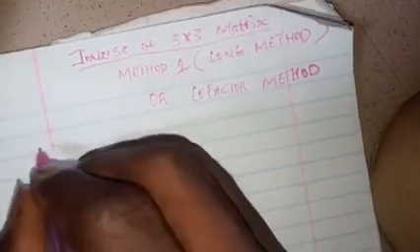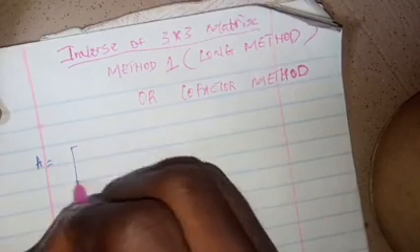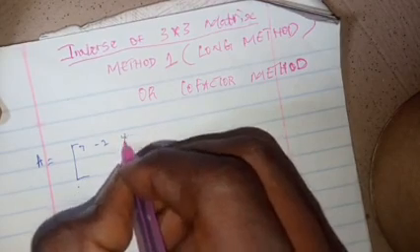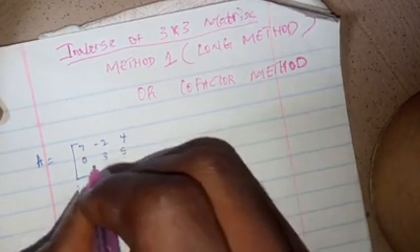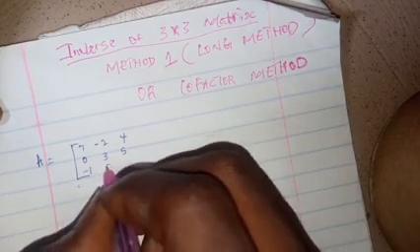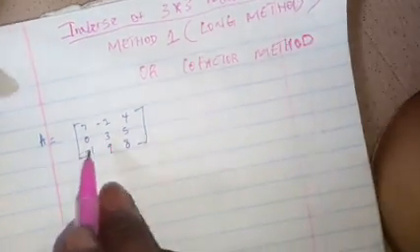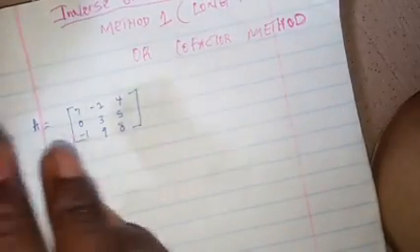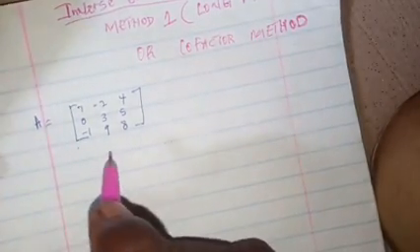In this case, let A be equal to 7, minus 2, 4, 0, 3, 5, minus 1, 9, 8. Okay, this is a 3 by 3 matrix. This method is very long, but if you follow it accordingly, it's not a big deal at all.